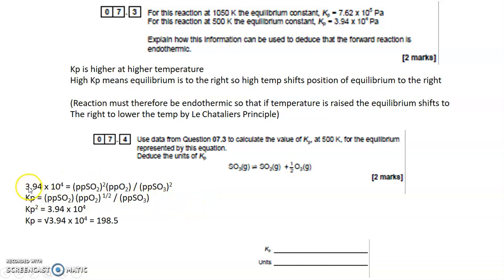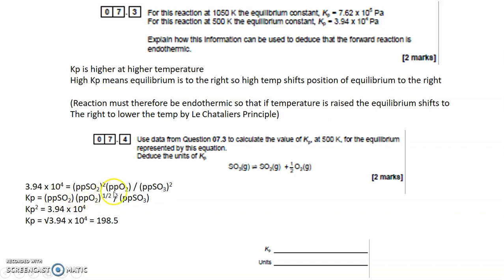So I am going to square everything in this. So Kp squared equals partial pressure of SO2 squared, partial pressure of O2 to the half squared is just partial pressure of O2, divided by partial pressure of SO3 squared. If I square everything here, partial pressure of SO2 becomes SO2 squared, the same as above.